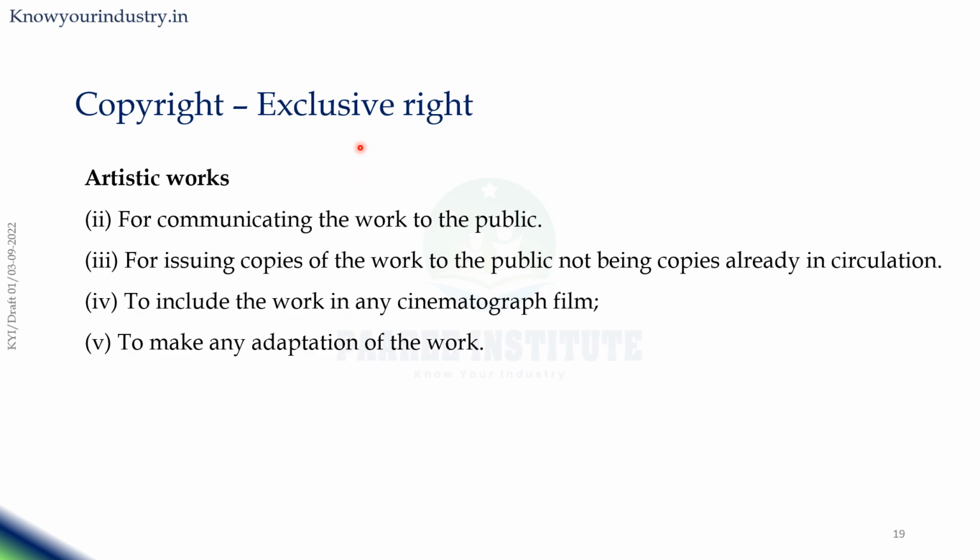Further, we have the right to communicate the work to the public, the right to issue copies of the work to the public, not being copies already in circulation, the right to include this work in any cinematograph film, and the right to make any adaptation of the work.